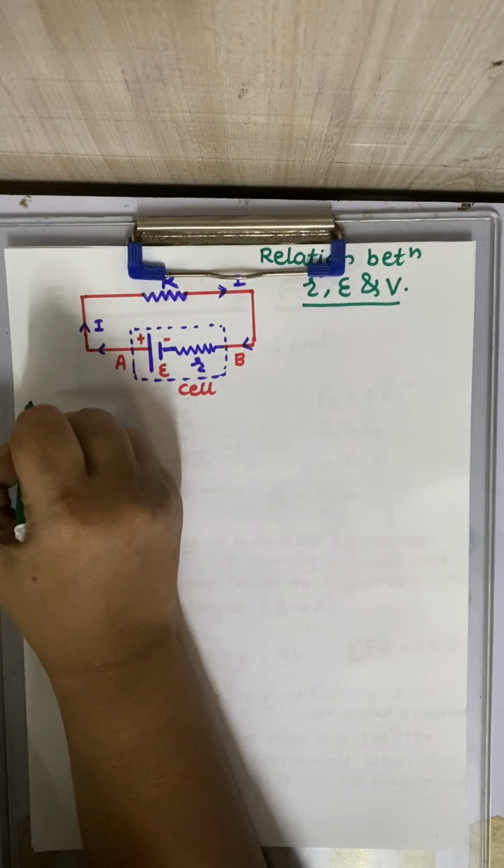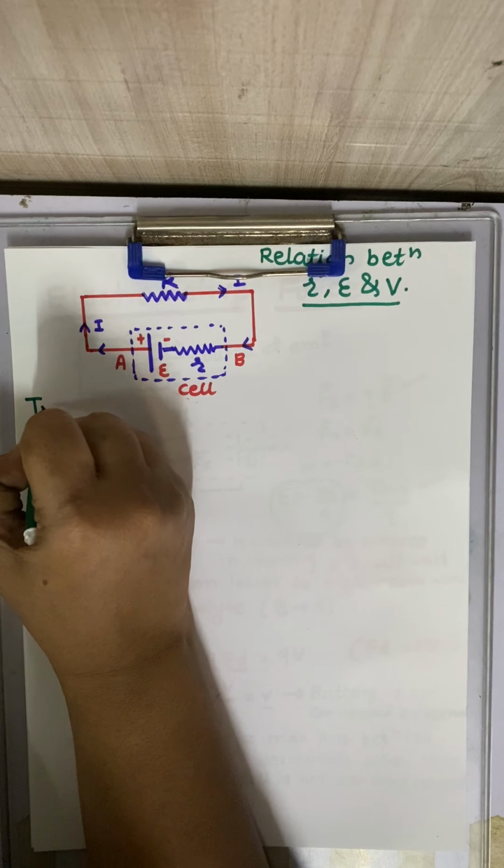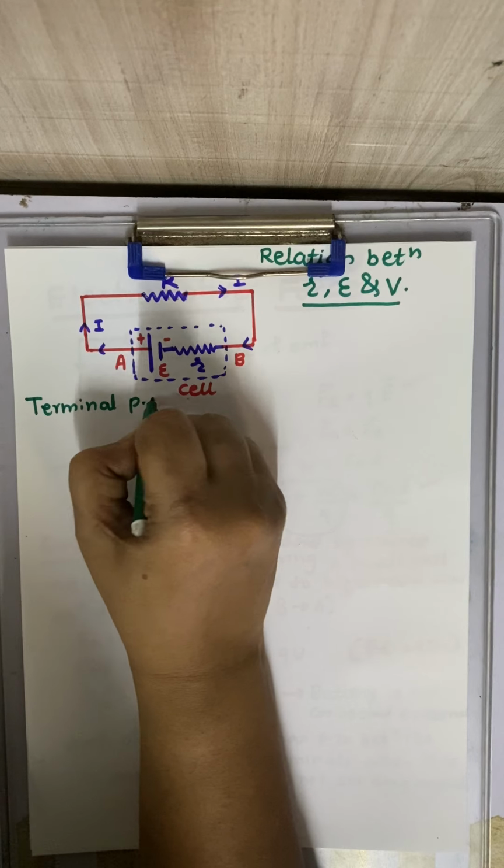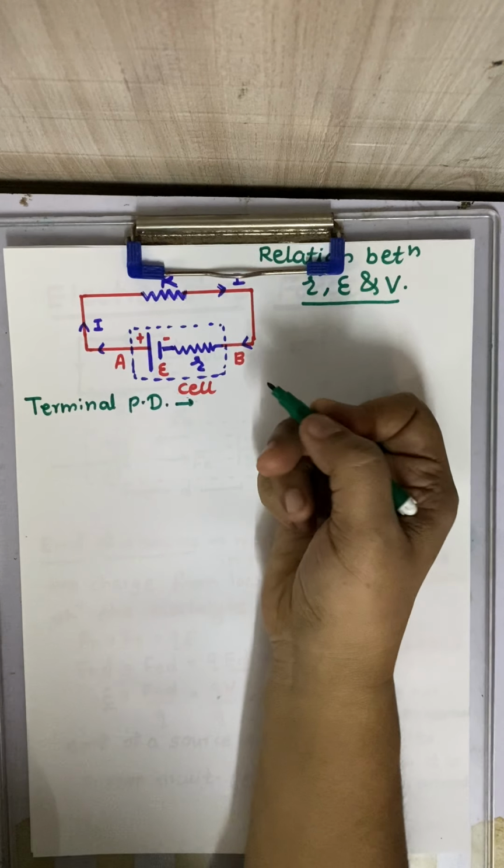So better we will write down here: terminal potential difference, and these are important terms, especially in cells.